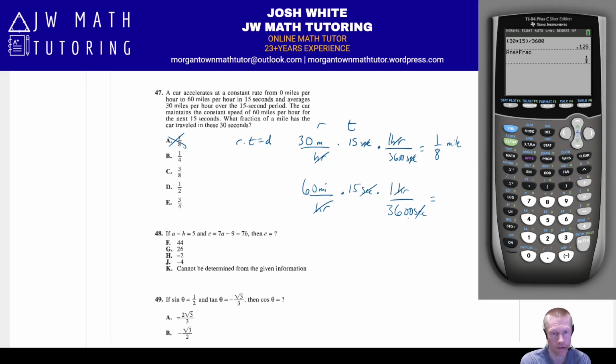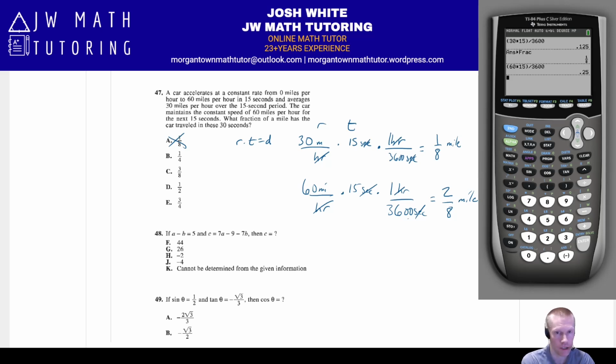Also notice this is just going to be double that, because 60 is double 30. So this is technically going to work out to 2/8 of a mile. But if you want to go to the graphing calculator and multiply it out, that's fine. We can pull the whole thing up again and change this to a 6. Yep, it's 0.25, which gives us 1/4, the simplified version of 2/8.